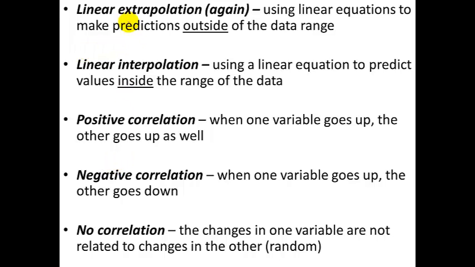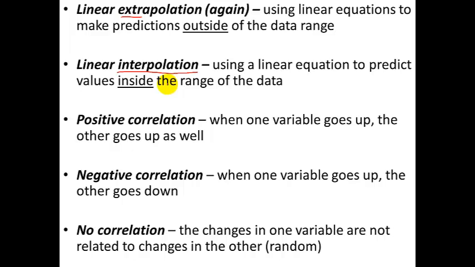Alright, so when you're doing this, what kind of things will we be talking about? Linear extrapolation, another vocabulary word. We had this one a couple sections ago, but since this is really where we'll be using it in this section, I wanted to remind you. This is using a linear equation, which was your line of fit, to make predictions outside of the data range. The corresponding vocabulary word, linear interpolation, is using that linear model to predict values inside the range. Again, extrapolate, extra means outside, interpolate, inter means inside.